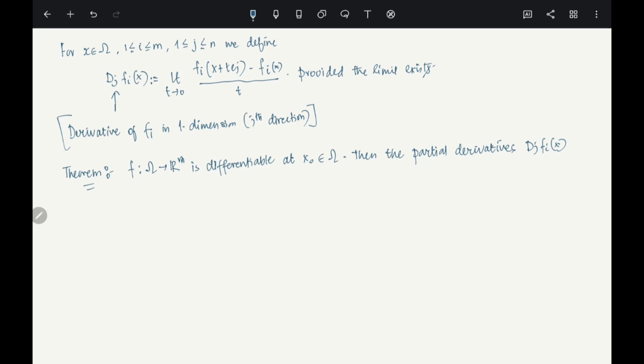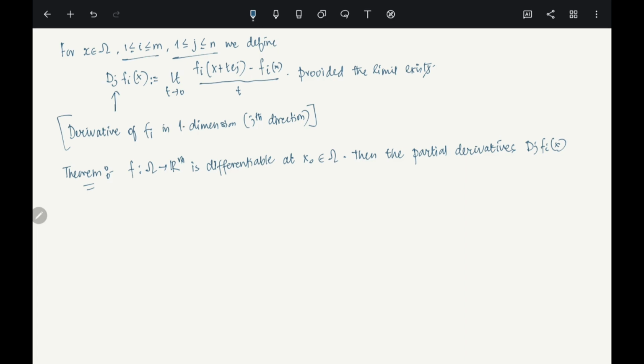You see, for each fi we have j directions, because j varies between 1 and n, and i is varying between 1 and m. So I have n partial derivatives here.